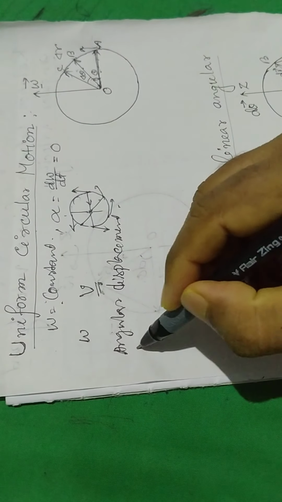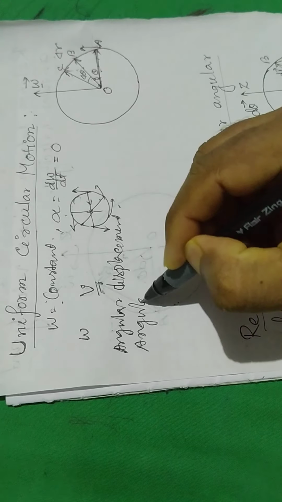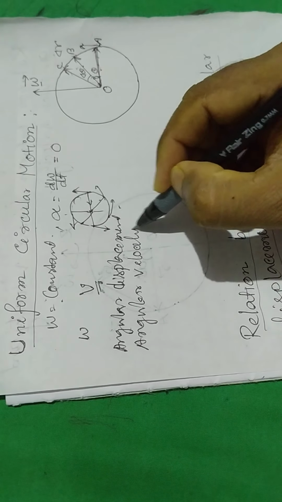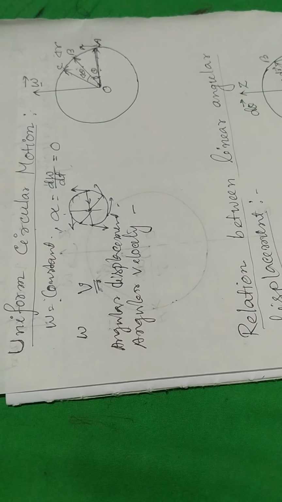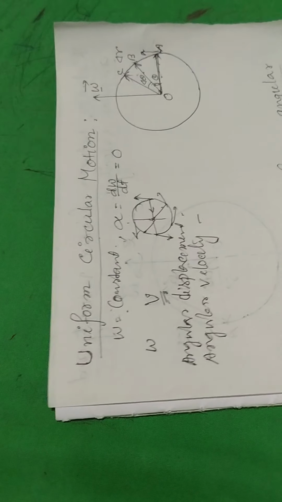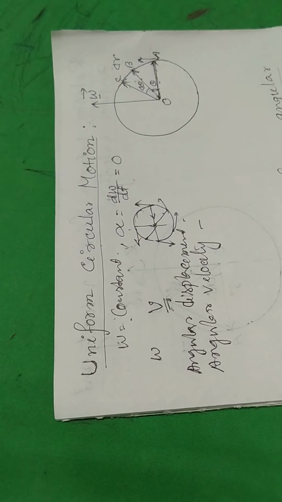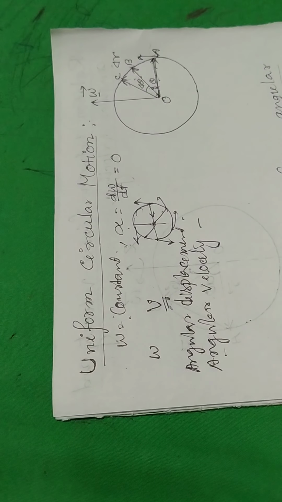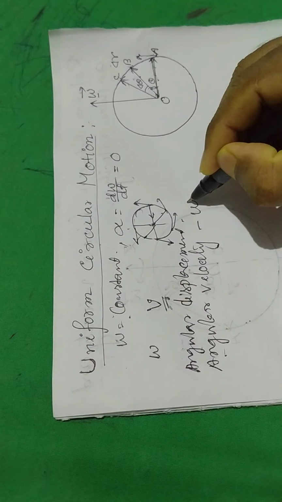Now angular velocity. It is defined as the time rate of change of angular displacement. It is denoted by omega.